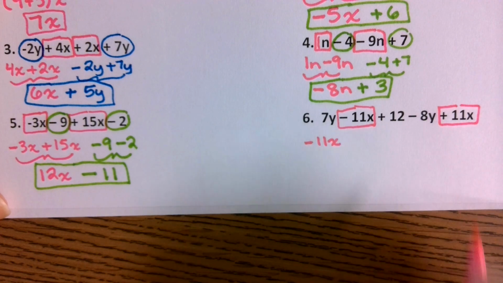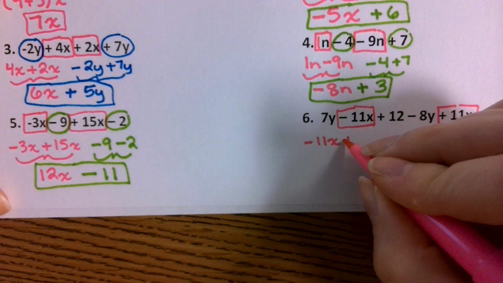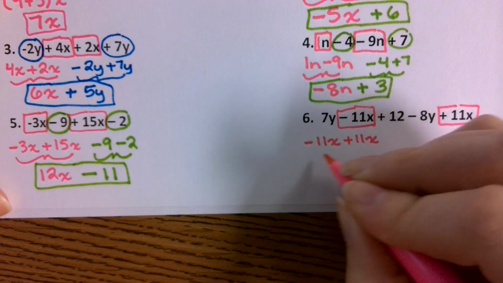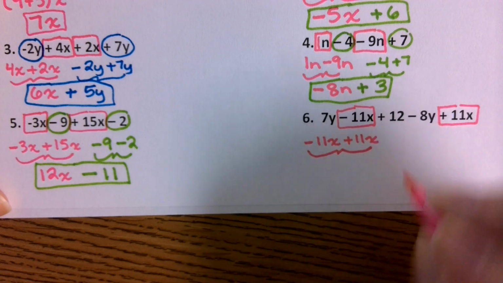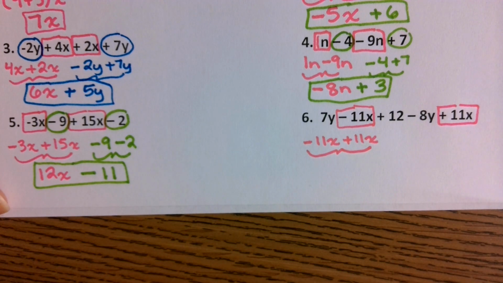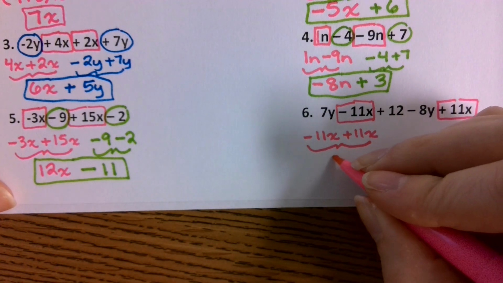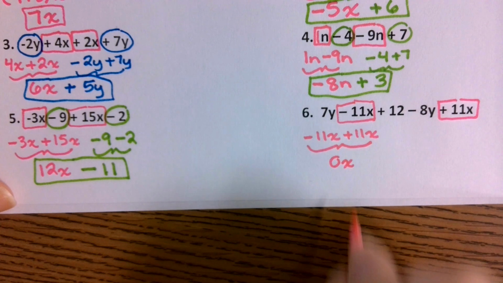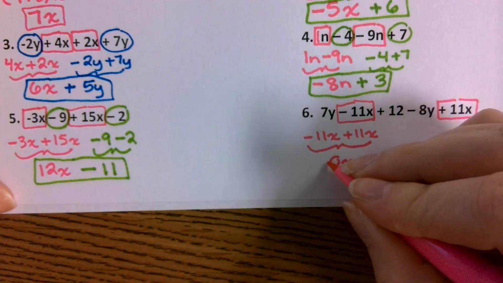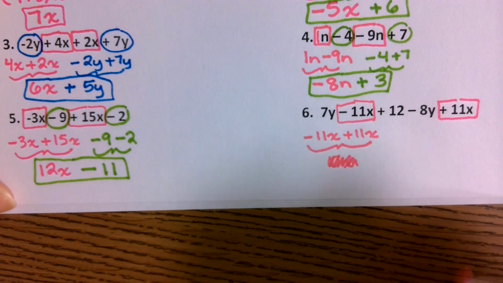I know it's positive because of the plus sign in front of it. Now, when I do negative 11 plus a positive 11, what is that going to give me? 0. So if I write 0x, do you think I need to write the x anymore? No, I don't need to write it anymore because it's a 0.